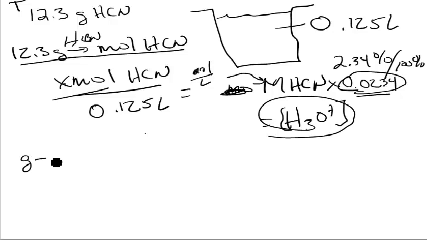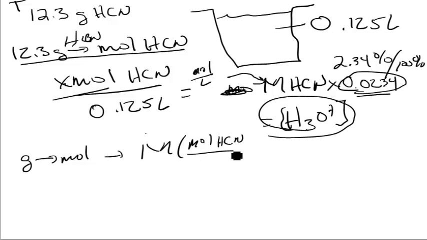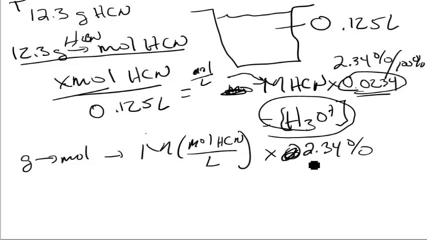So those are the steps: grams to moles, and then we calculate the molarity, which is moles HCN over liters of the solution, and we multiply that by 2.34% divided by 100%. And that gives us H plus concentration in molarity. That's what we want.